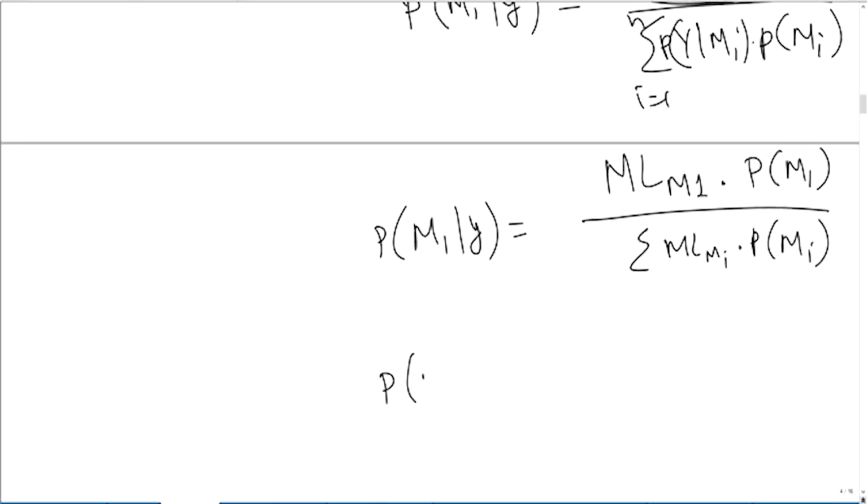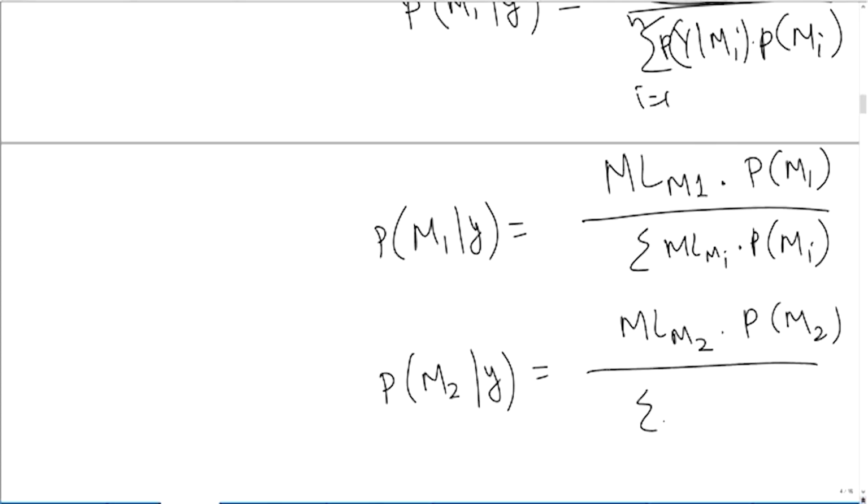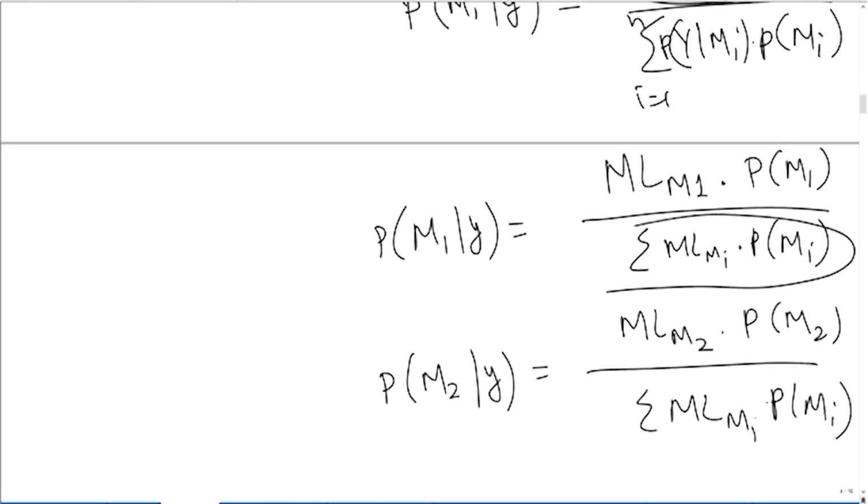We do the same thing for model 2: M2 given y, marginal likelihood of model M2, prior probability of model M2, divided by summation of marginal likelihood of Mi times prior probability of Mi. Notice that the denominator term is same for model M1 as well as model M2, because what the denominator term is telling you is how likely is it to generate the data y given all possible models.